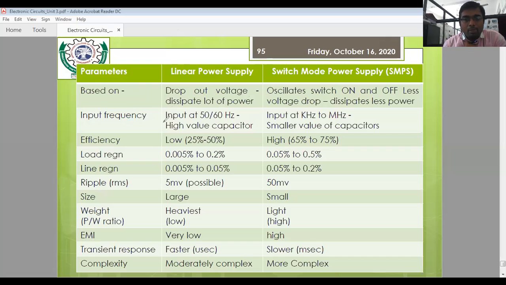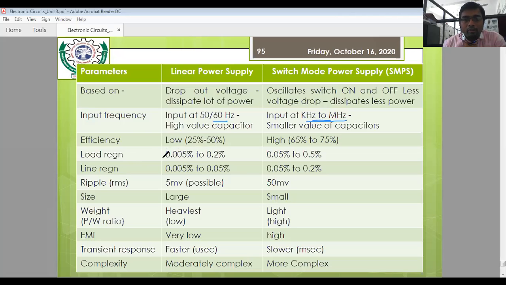In the case of the linear regulator, the input frequency is 50 to 60 Hz, while in the switching mode regulator it is some kilohertz to megahertz, which is more. Efficiency is low in the case of the linear regulator, 25 to 50% only, while in the switching regulator it is 65 to 75%.